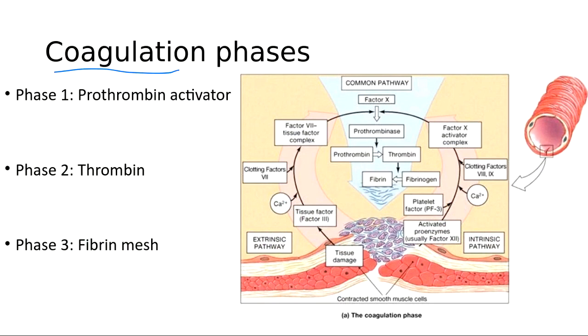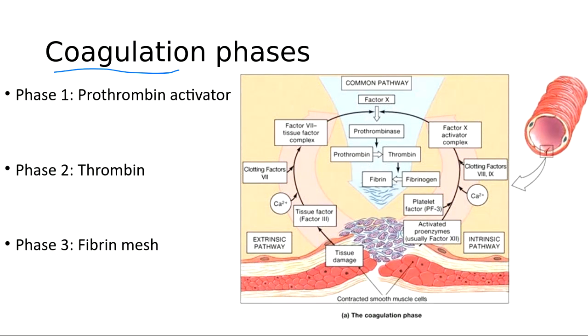If you read your book, you may get lost, so just stick with what we go through together. There's 2 pathways to start off coagulation: the intrinsic and extrinsic pathway. What does that mean? One of these pathways contains everything that is needed to make clotting factors already there locally in the blood. That's the intrinsic pathway.